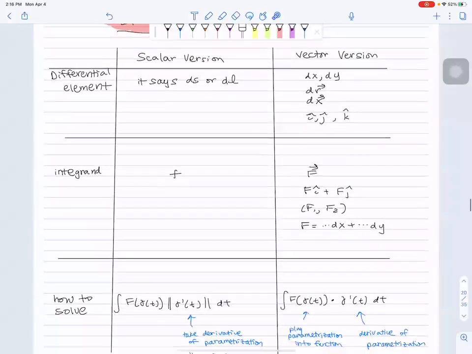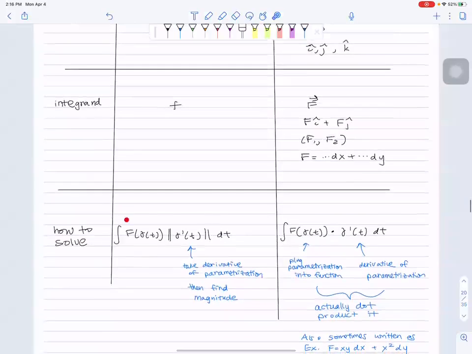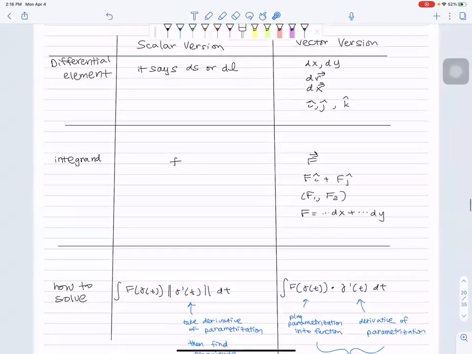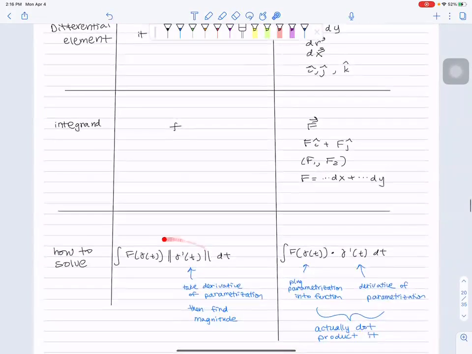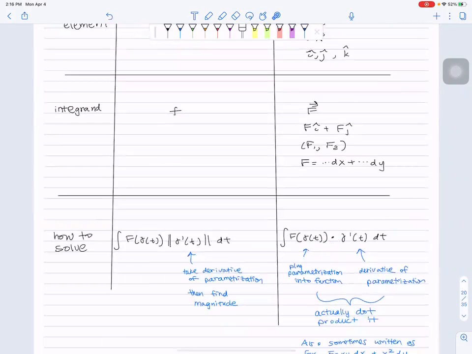For the scalar version, the integrand would be some function. Vectors we know are written this way. They're solved very similarly. Here I made the distinction: scalar is where you just multiply by the magnitude. For the vector version, we do the dot product.